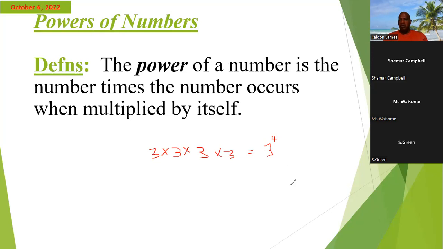Now, we may use other words to describe power. Anybody can tell me which other word we can use instead of calling it power? Exponent, sir. All right, exponent. Everybody agree? And there's also another word that we could use apart from exponent.